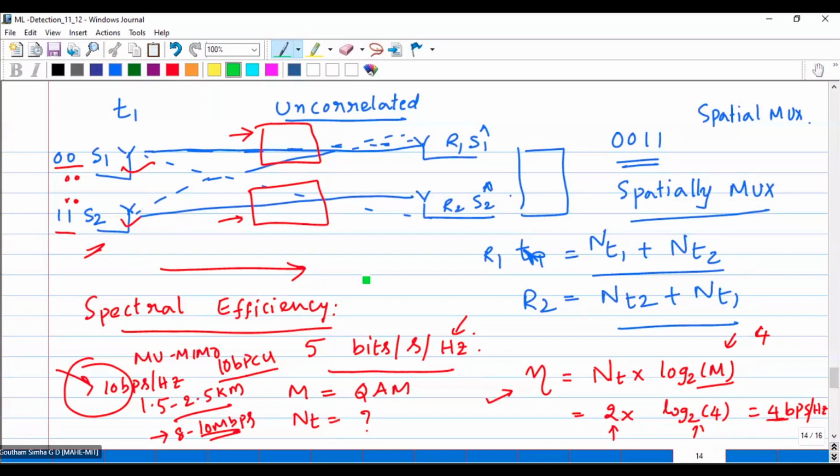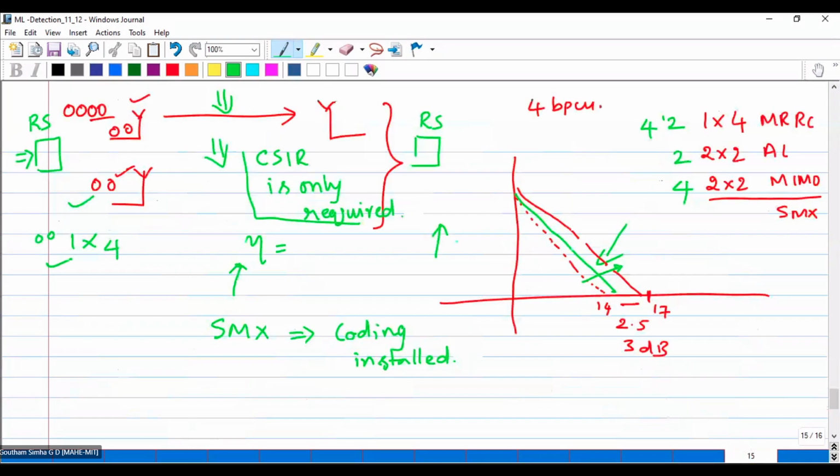If the symbols are not orthogonal, then the detection process will have some intrusion, meaning intrusion of S2 into S1 and S1 into S2 might happen. So orthogonality has to be maintained. Not a lot of orthogonality can be maintained all the time, but that can be one of the processes.